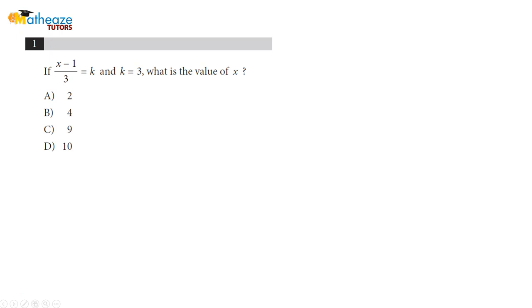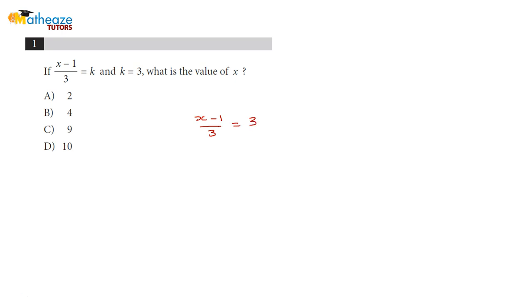Question number 1, it says, if (x minus 1) divided by 3 is equal to k and k is equal to 3, what is the value of x? Now, the way to do that is we rewrite this as (x minus 1) over 3 equal to 3.